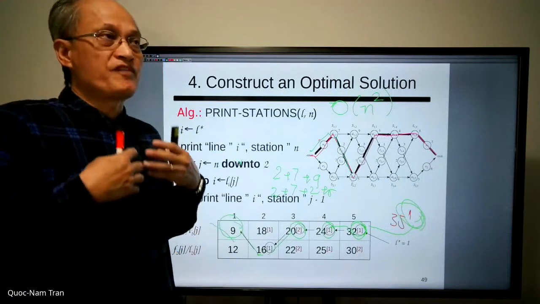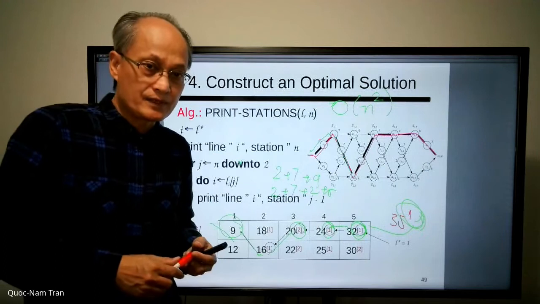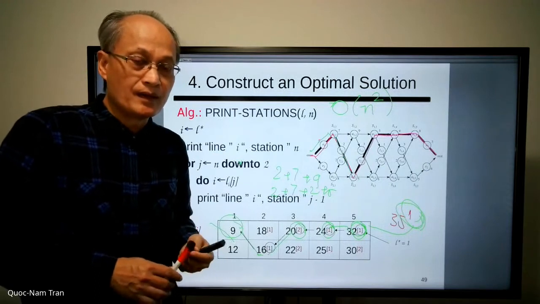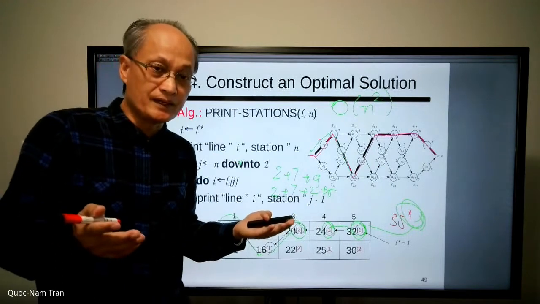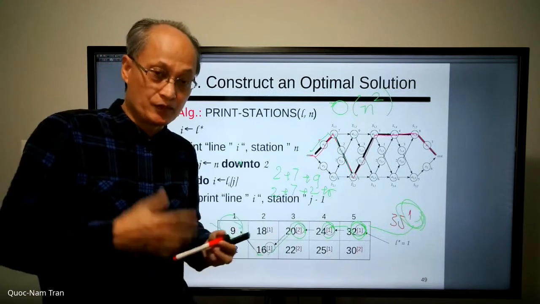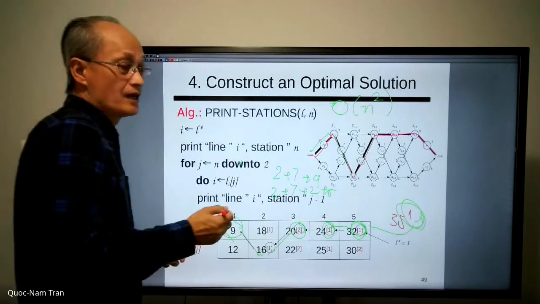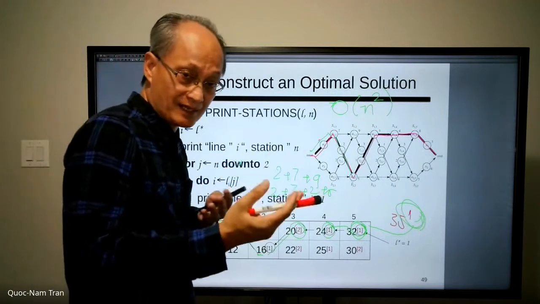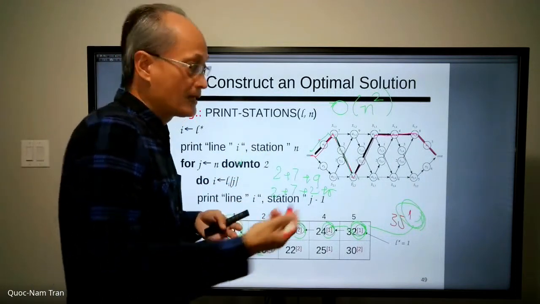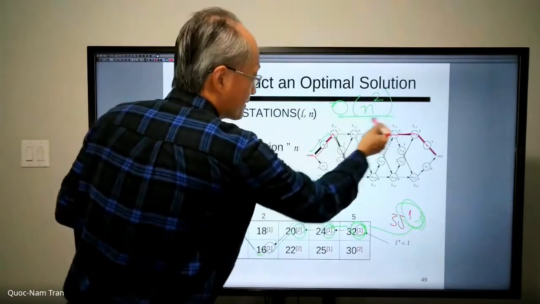The fastest Dijkstra algorithm is based upon what we call the heap, the min heap. You already learned about min heap, right? So in that situation, we choose linked list and we choose min heap. So we don't need to have this, okay?